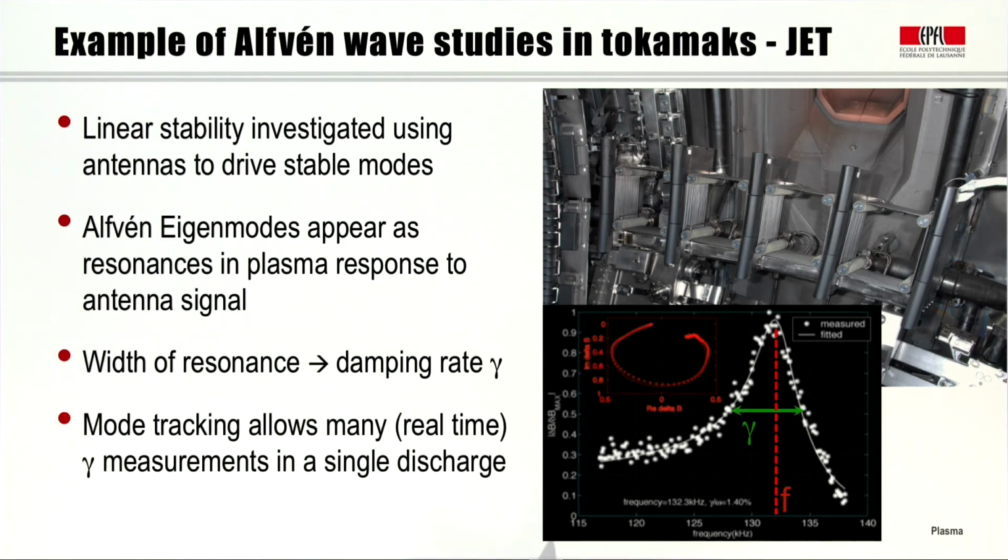The frequency of the antenna is swept, and the eigenmode appears as a resonance in the plasma response to that antenna signal. This is a driven mode, so its frequency, of course, corresponds to the peak of this resonant response. And in simple terms, the width of the resonant response is actually the damping rate of the mode.